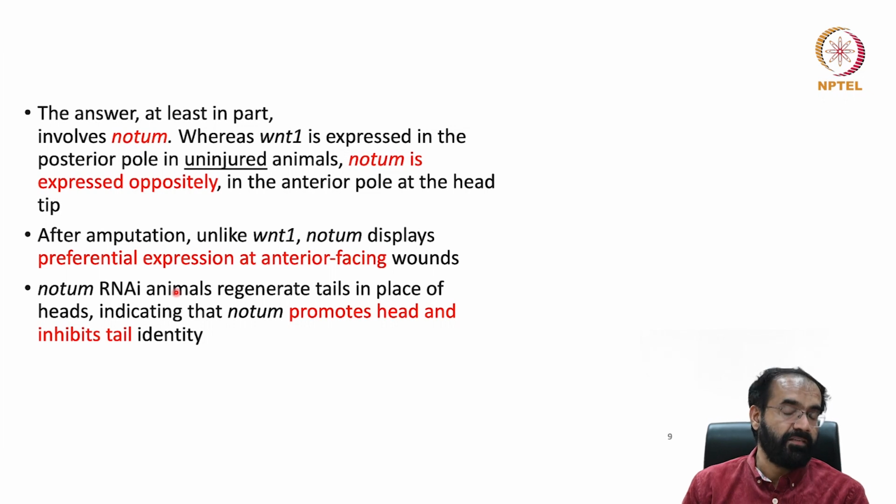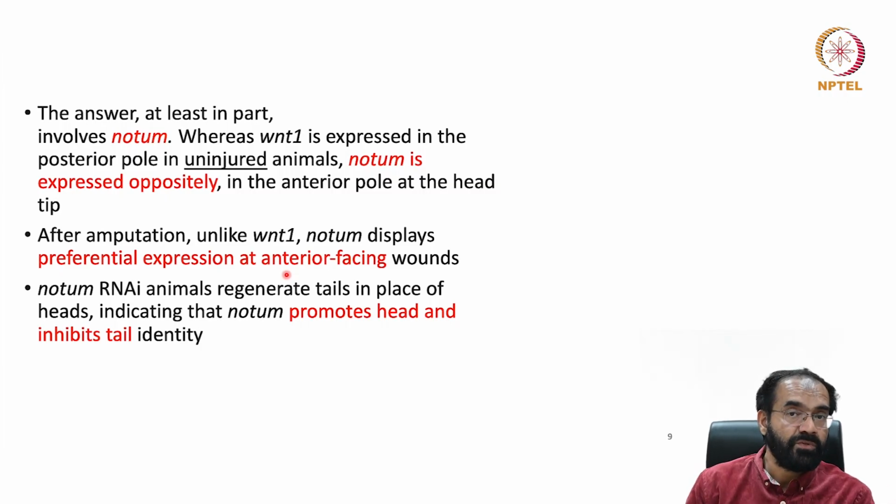Wnt, I told you, is expressed wherever there is a wound, but Notum is not like that. Notum has some positional identity, with preferential expression at the anterior facing wounds. When Notum is expressed in a specific manner, it will antagonize the Wnt. So it doesn't matter whether Wnt is expressed somewhere or not, Notum will make sure that Wnt is not going to do its job. Hence, the head can form.